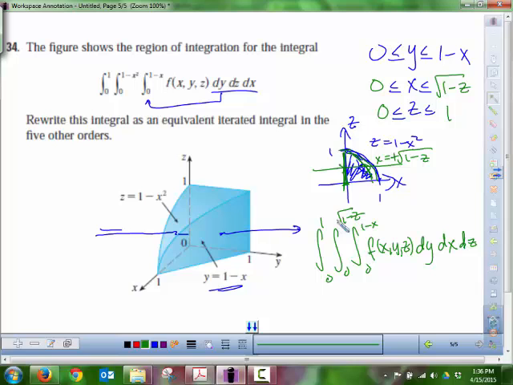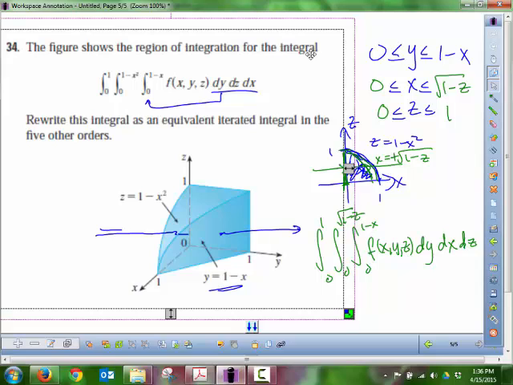All right, that's one of them. Four more to go. We're not going to do all four of them. We'll do one with dx first, and then one with dz first, and then there are two others within that mix. Good? Next page.